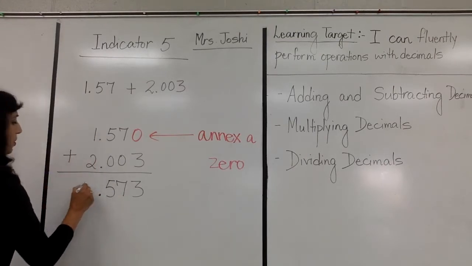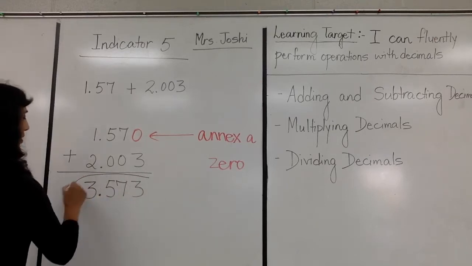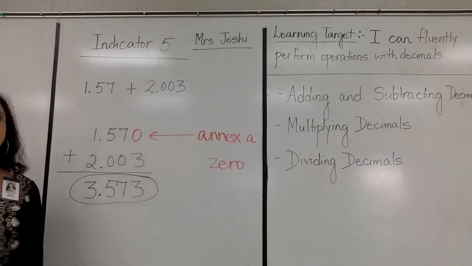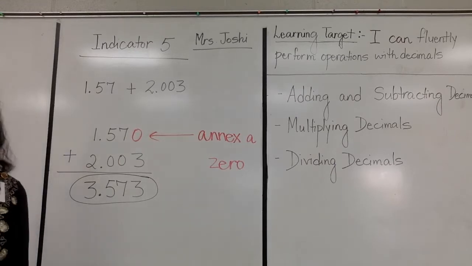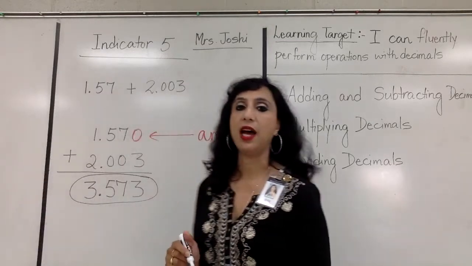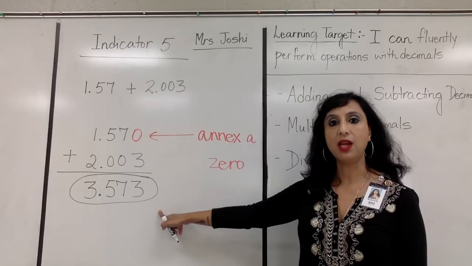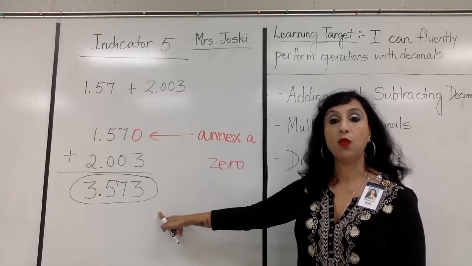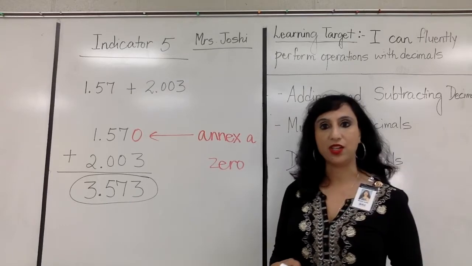And 1 plus 2 is 3. Always circle your answers so it's nice and clear. And then my answer here is 3 and 573 thousandths. Okay, so this is how we add. Let's try a problem with subtraction.